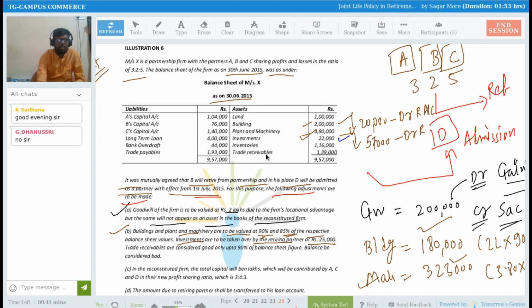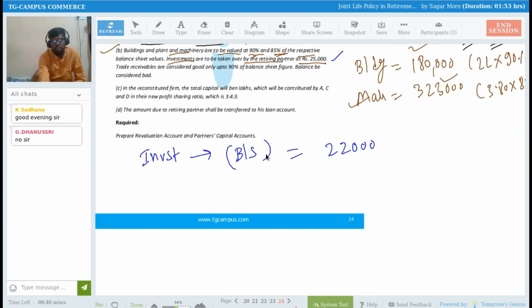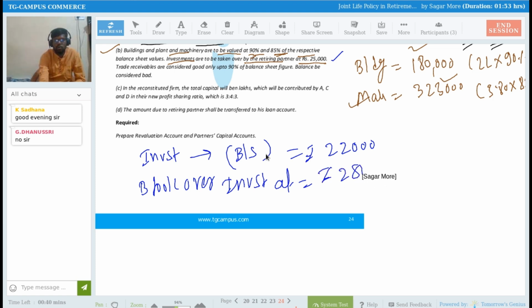And the retiring partner B is taking over that investment at rupees 25,000. Right? B took over investment at rupees 25,000. So if you see here, original value of investment was 22,000 and he's taking over at 25,000.